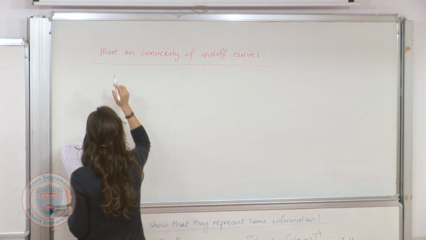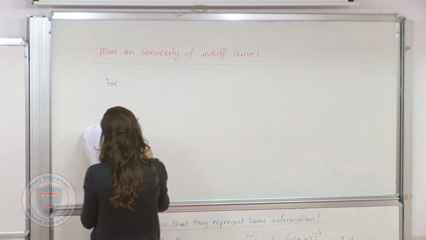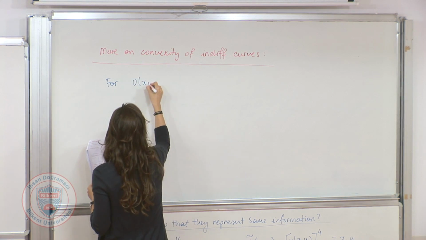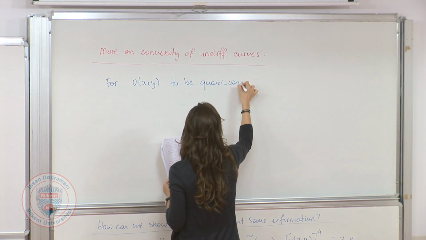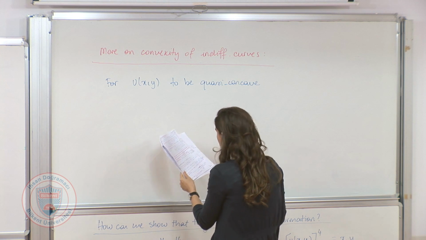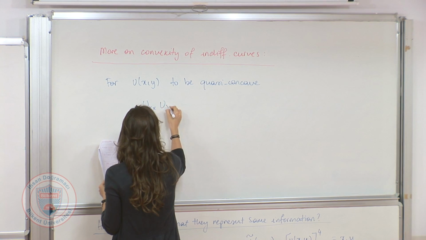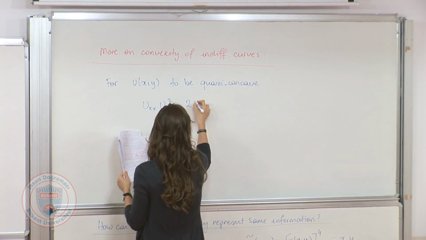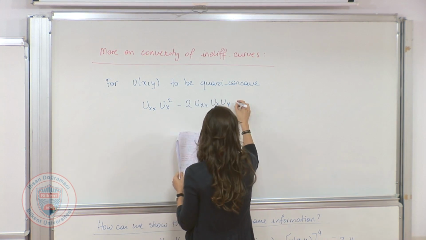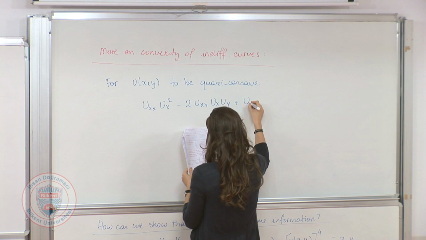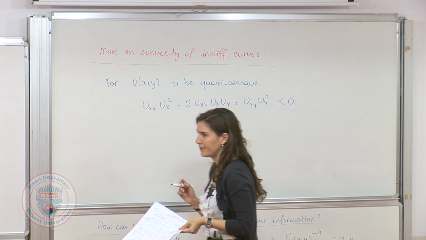So in your book, it says that for a utility function u of xy to be quasi-concave, it gives you this condition: u of xx, u of x squared, minus 2 u of xy, u of x, u of y, plus u of yy, u of y squared, should be negative, okay?